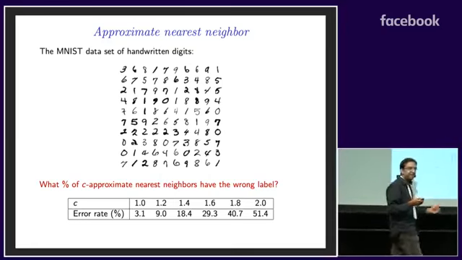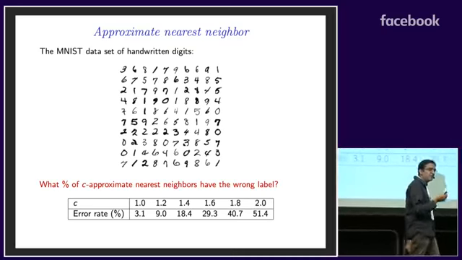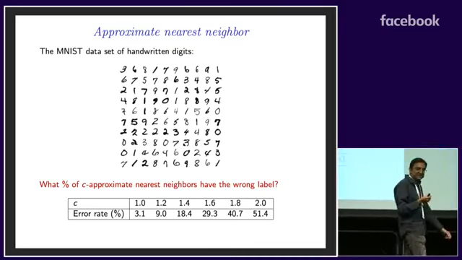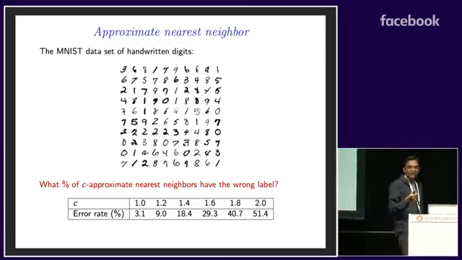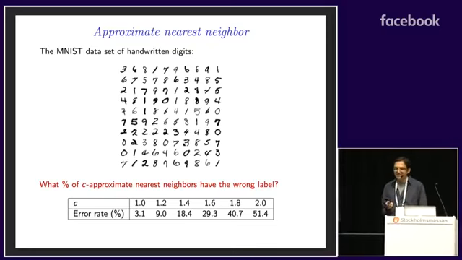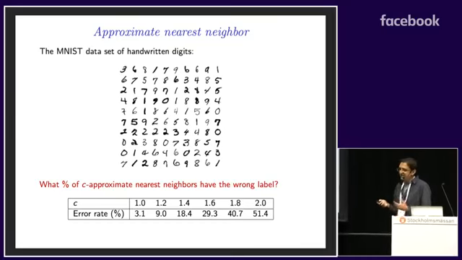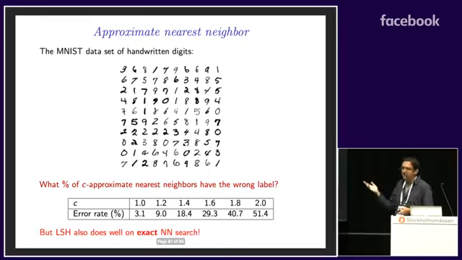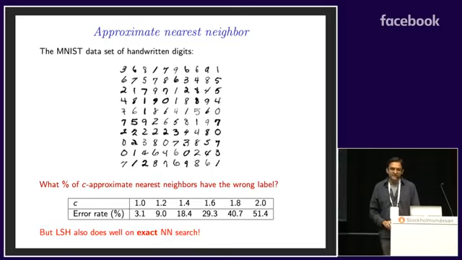And yet, if you look at the query time and the data structure size that you get for C equals 1.1, it's almost linear query time and quadratic data structure size. So the weird thing over here is that this method has been motivated from an approximate nearest neighbor viewpoint, but it also does really well on exact nearest neighbor search.